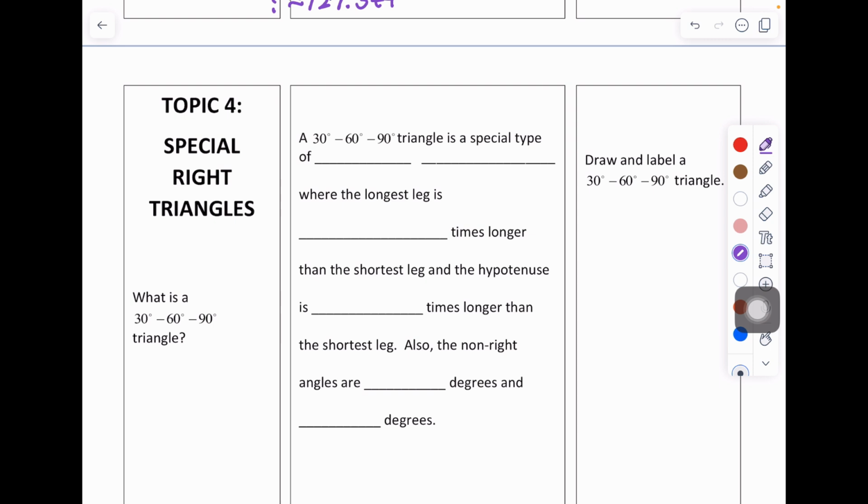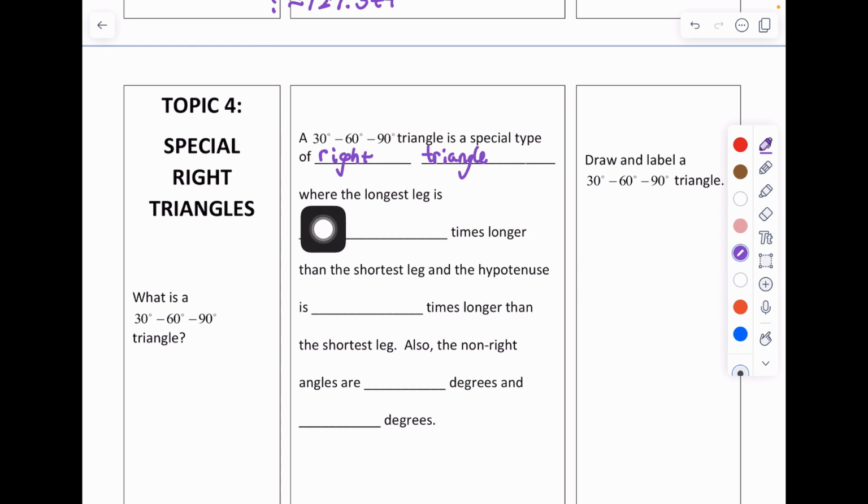The second triangle is a special right triangle called a 30, 60, 90. So again, it's still a special right triangle. That doesn't change. The difference here is, since we have a 30-degree angle and a 60-degree angle, we don't have equal sides. All right, so here are some things that we know. The legs are different. One is longer, one is shorter.